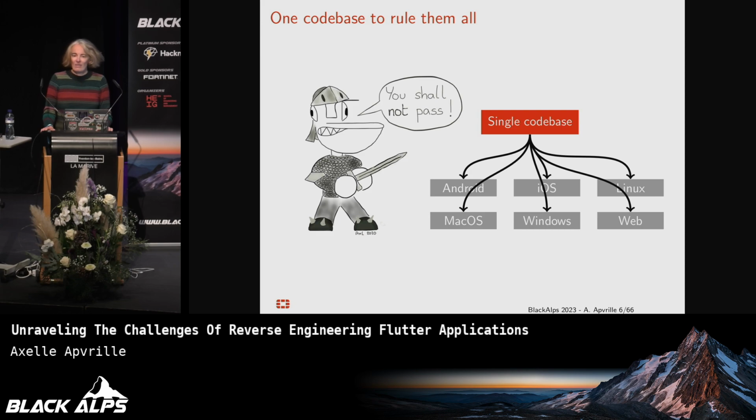Yesterday we had a talk about you shall not pass. Well, today I'm giving you one code to rule them all. With this previous Dart code, you are going to be able to compile natively this code to many different platforms.